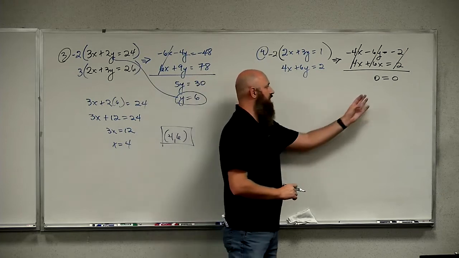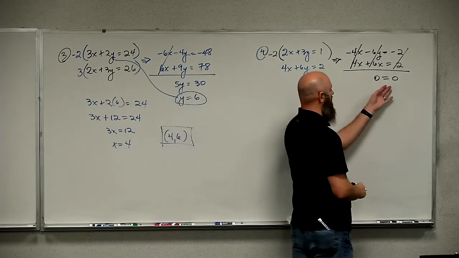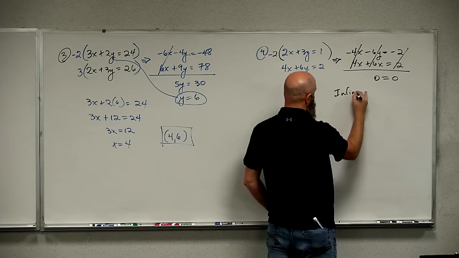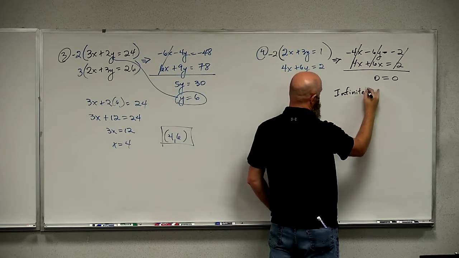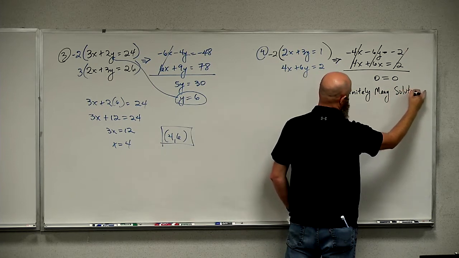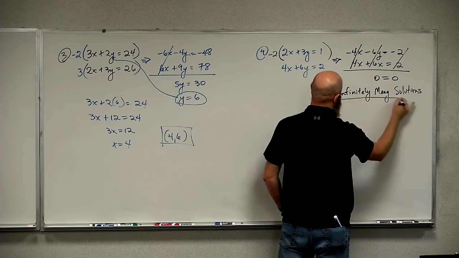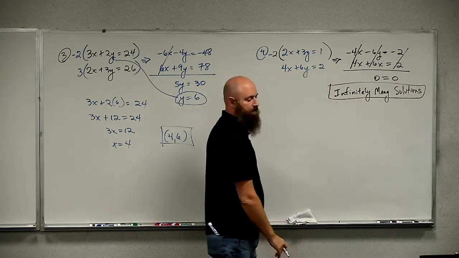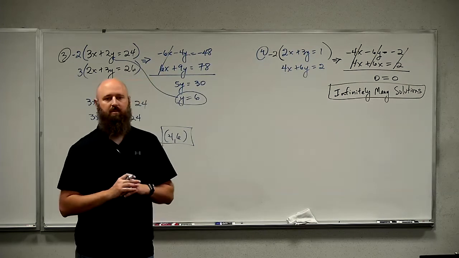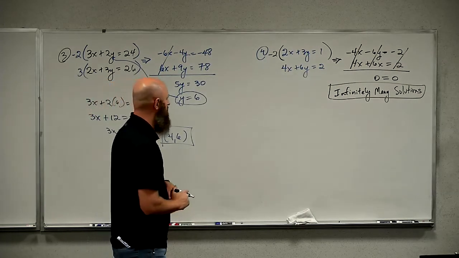So we need that to read 0 equals 0. Well, that's true. We talked about that before. So that is infinitely many solutions. Okay, so if everything eliminates and I get 0 equals 0, that means that we have infinitely many solutions.